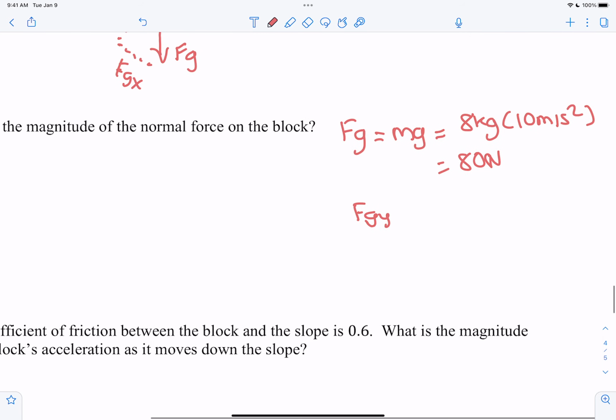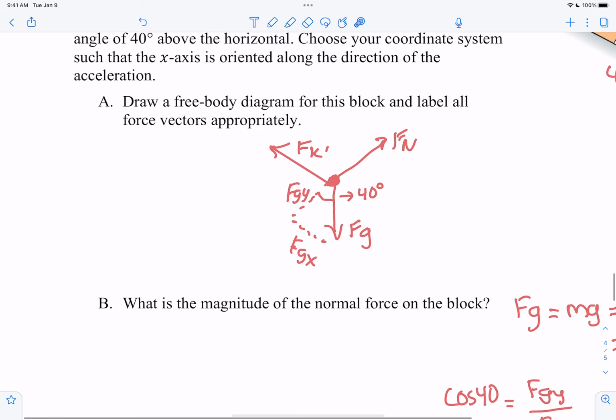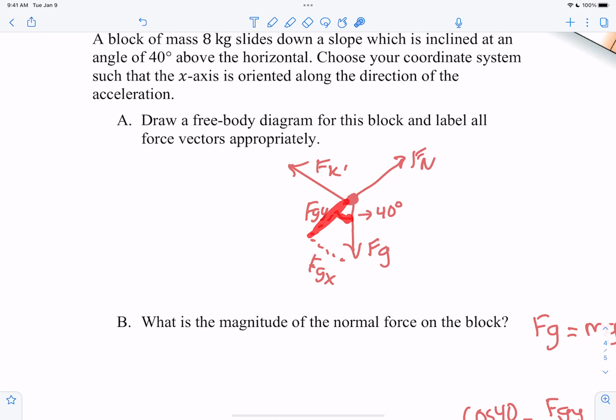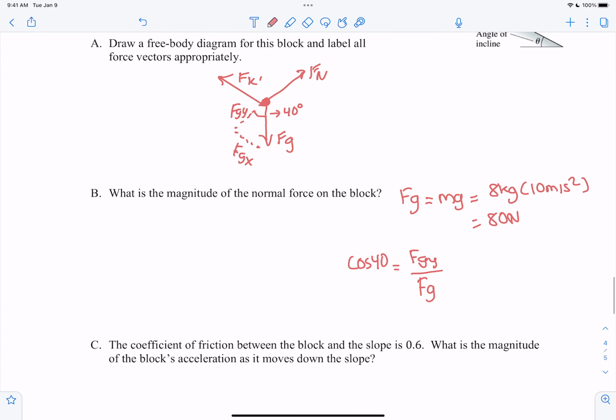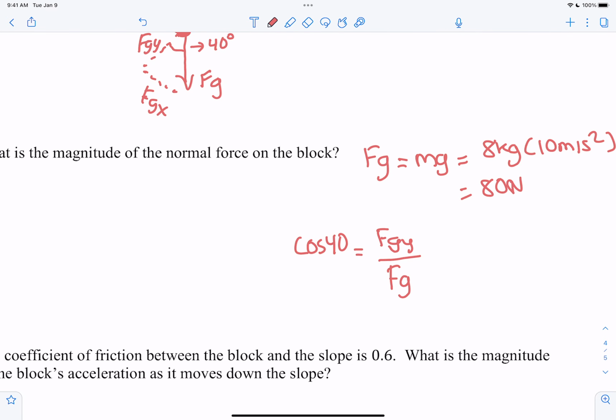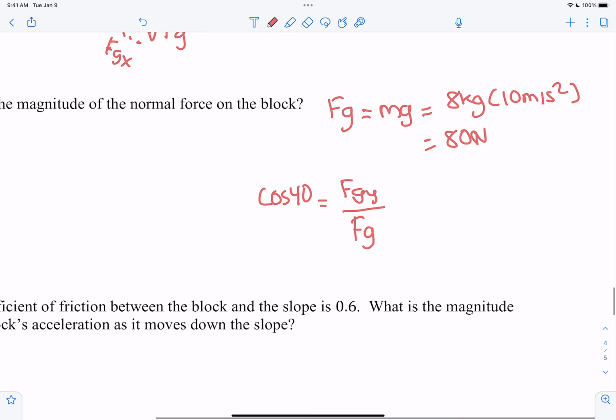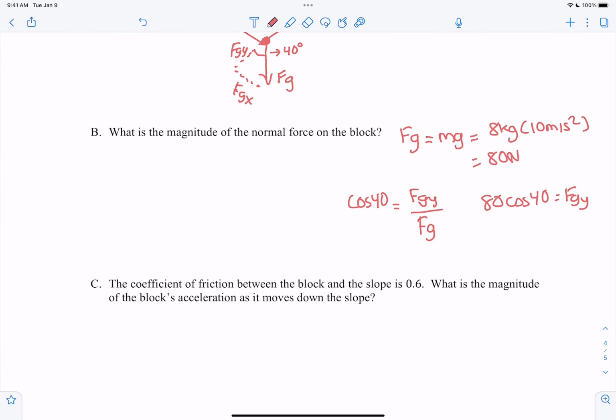So Fgy over Fg is equal to cosine 40, because adjacent over hypotenuse: adjacent is next to the angle, over the hypotenuse, the longest side on a triangle. We have Fg, that's 80 newtons, so 80 cosine 40 should give us Fgy.